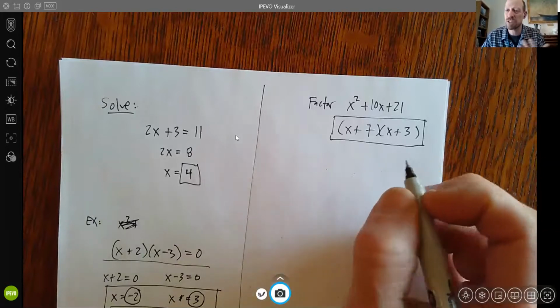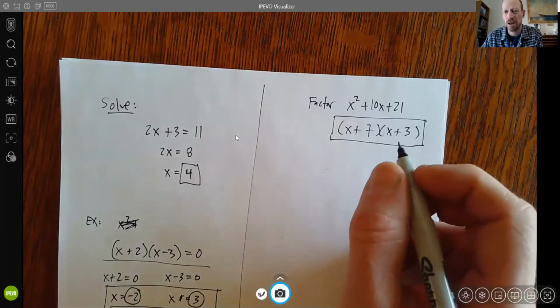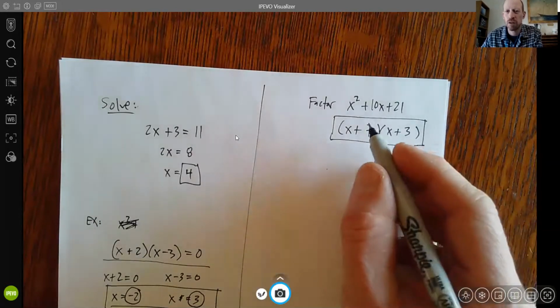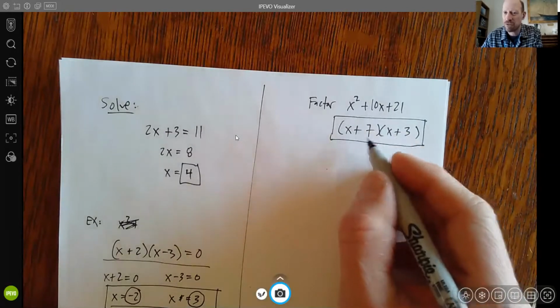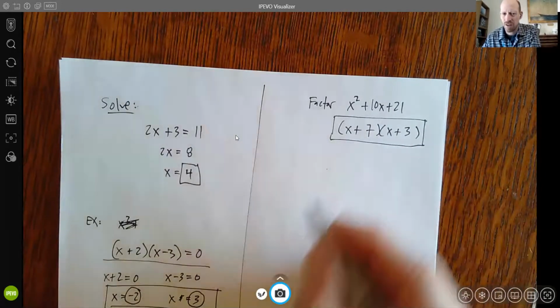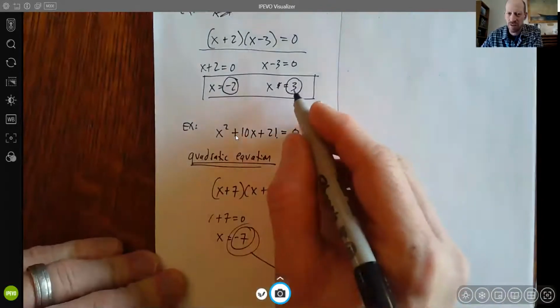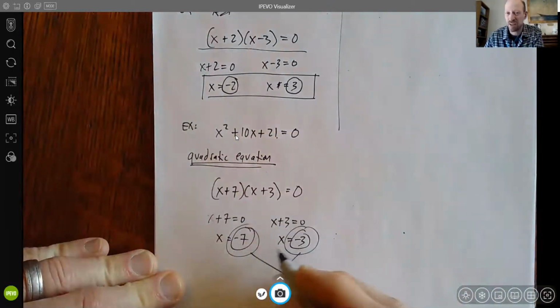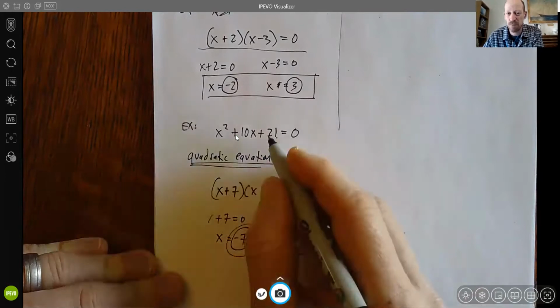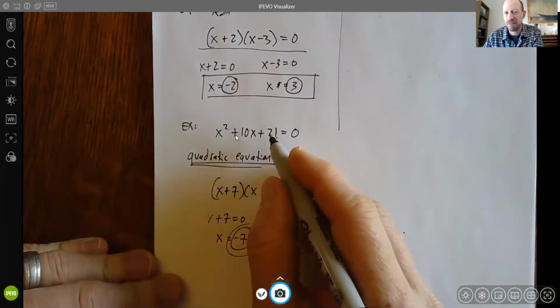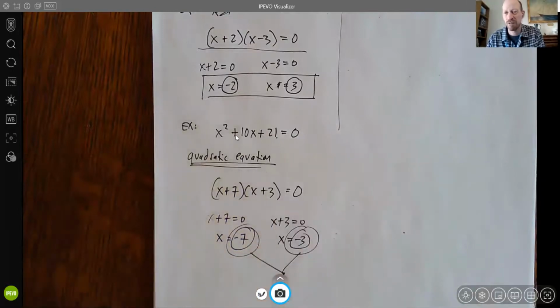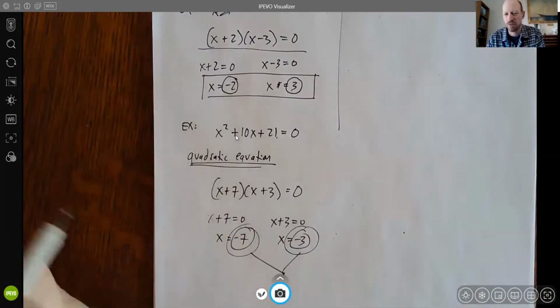It's just something you have to pay attention to, and know that you're looking for it. So if you're asked to factor, your answer is going to look like this. If you're asked to solve, your answer is going to look like this. They're going to be numbers. And if you plug those numbers in, you're going to find out they make the equation true. That's the point of these solutions.